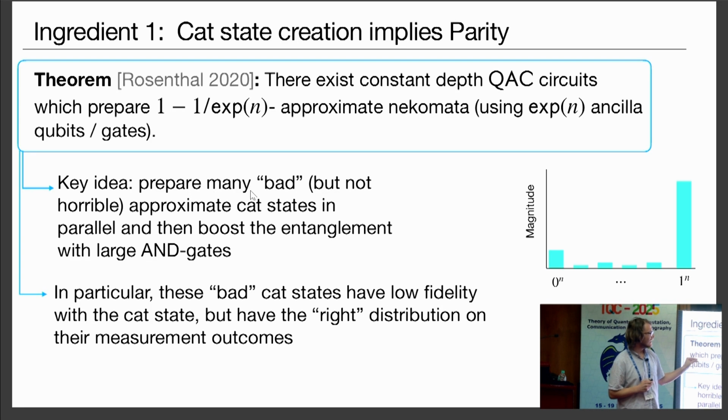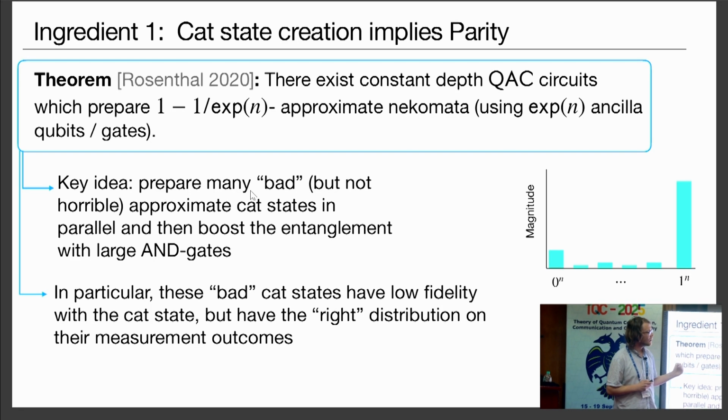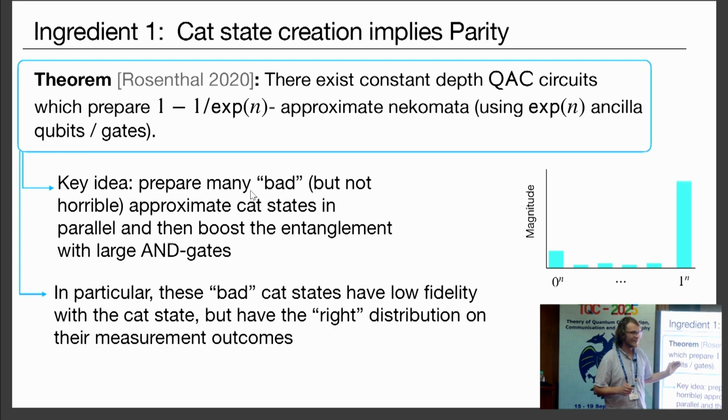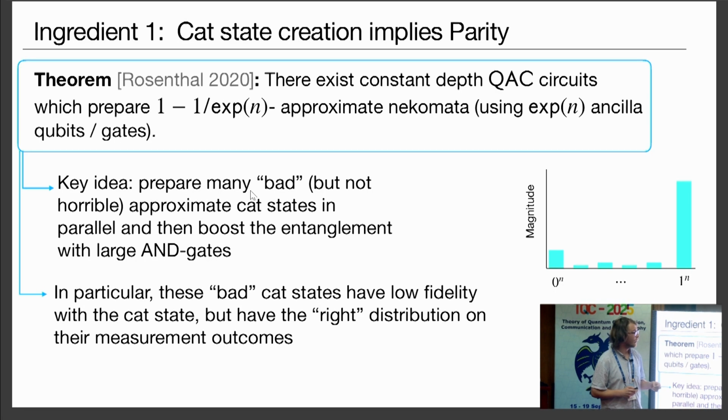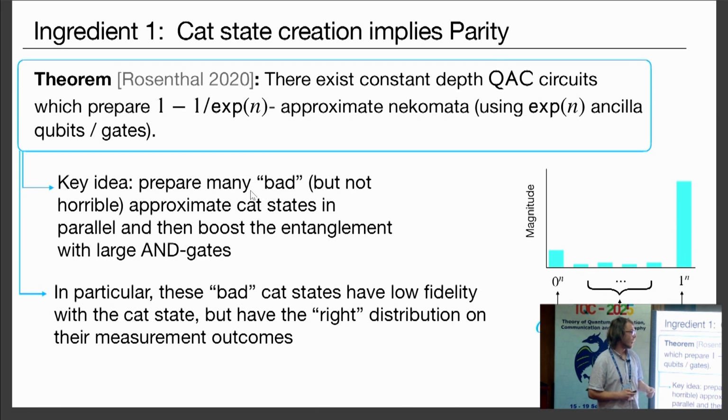With the cat state, if you were to measure it, you would see all zeros or all ones, both exactly half of the time. But with one of these bad but not horrible cat states, all I'm hoping for is that we'll see 0 and 1 as the unique peaks of measurement outcomes, with everything else happening with negligible probability.